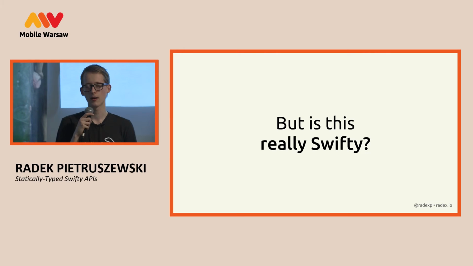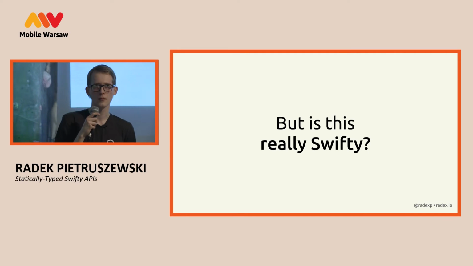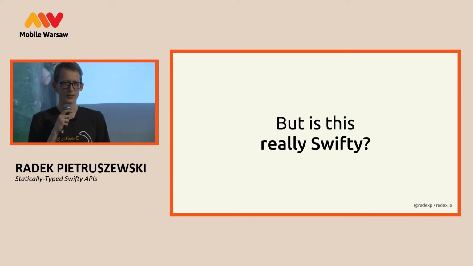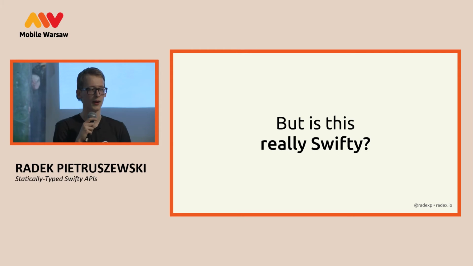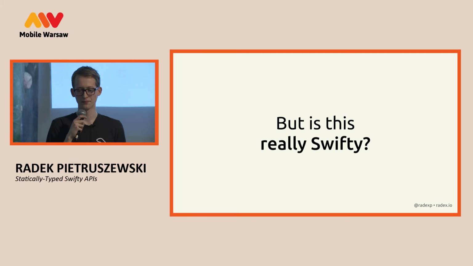I thought I made a great improvement over the original API, and I still like it, right? But I realized that this isn't actually Swifty. What I did is just I put a fresh coat of paint that is inspired by Swift syntax and by Ruby a little bit, but it's fundamentally still an Objective-C-like mechanism.